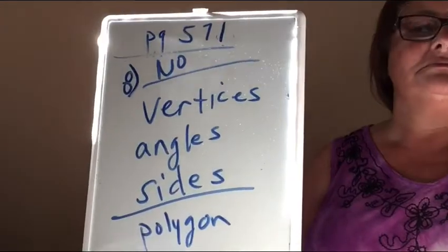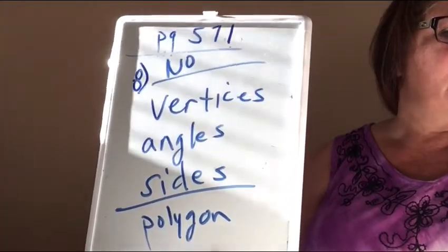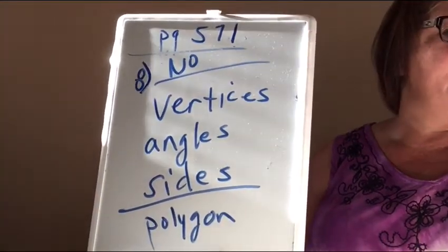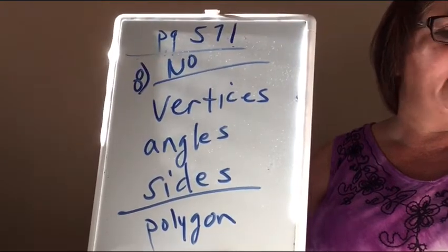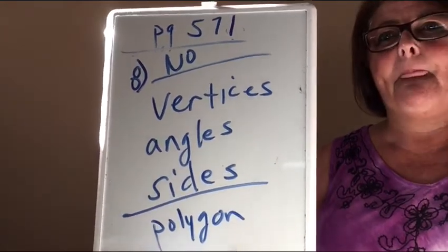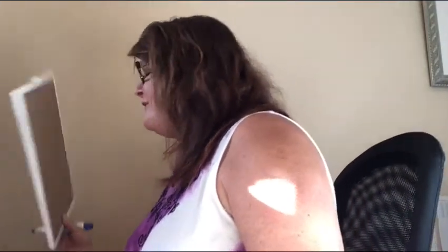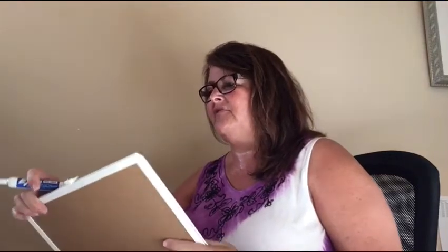So number 8 is going to be no, because your number of sides in a polygon is the same as the number of vertices. When you draw a figure, you can't make a figure that has different sides and vertices. But let's go on, because you'll see that for yourself once you start drawing the pictures.